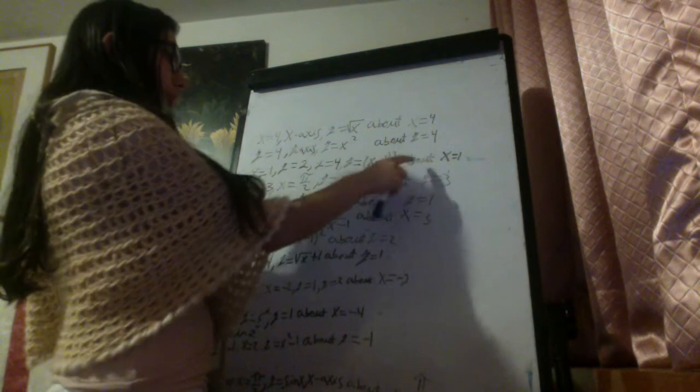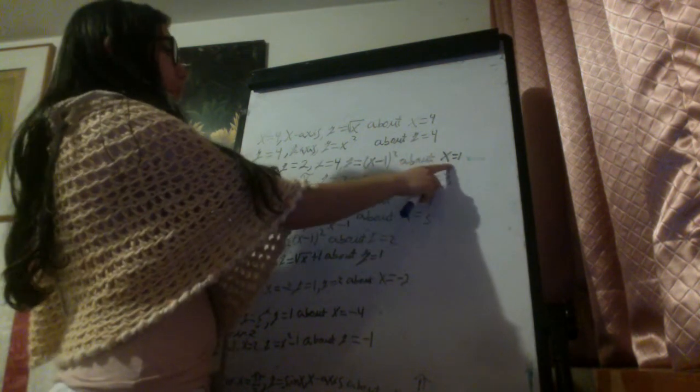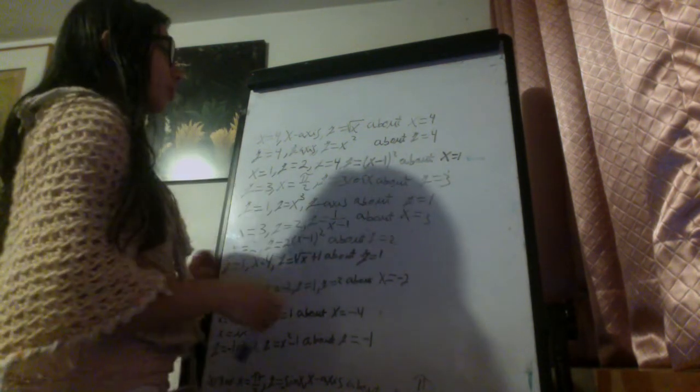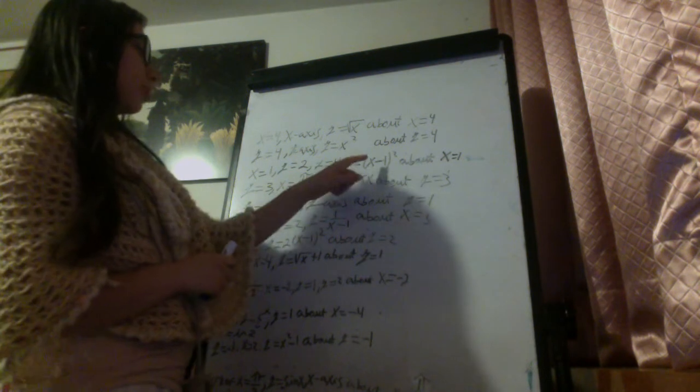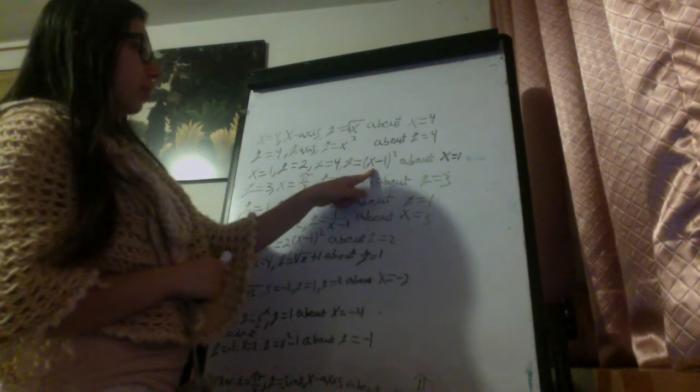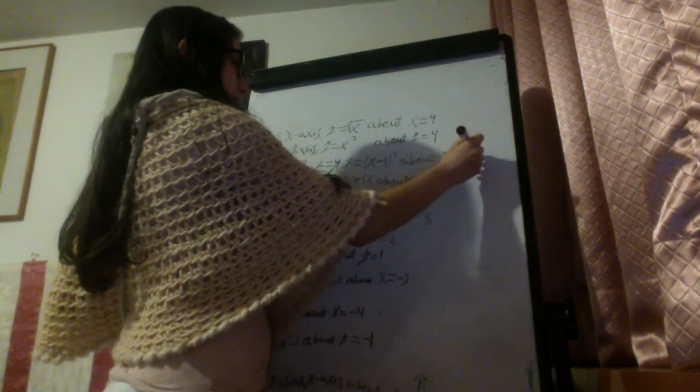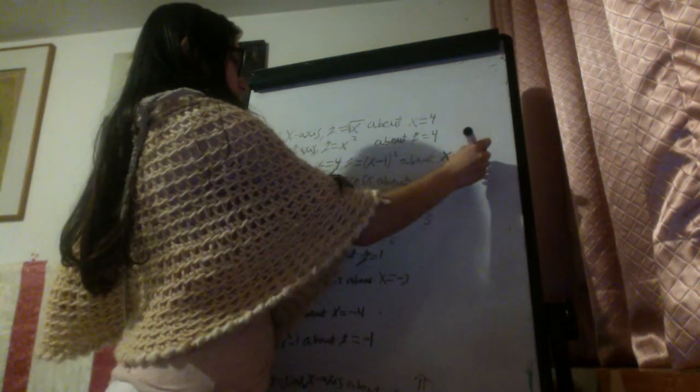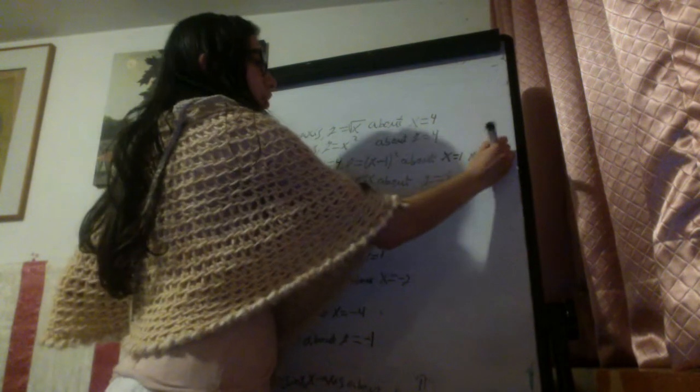Alright, so here we are rotating it about x equals 1, so we need to put everything in terms of y. So let's put this function in y terms. x is equal to y squared plus 1.